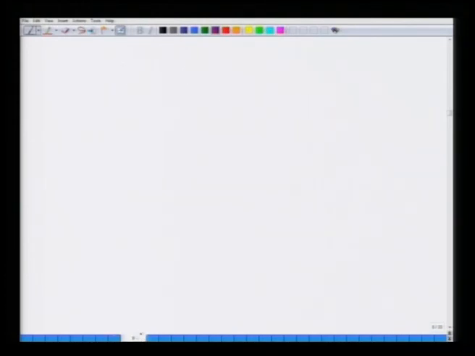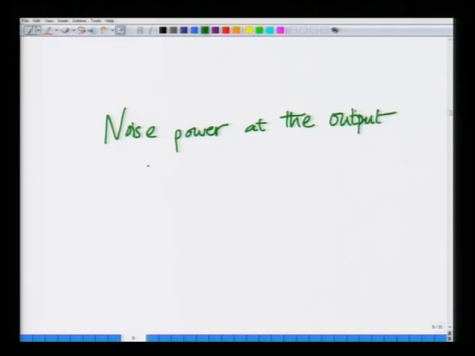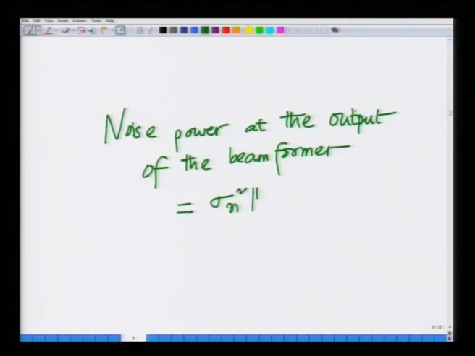So, the noise power, let me write this down clearly. Noise power at the output of the beamformer equals sigma n square times norm W bar square, where W bar is the beamforming vector or the beamformer.